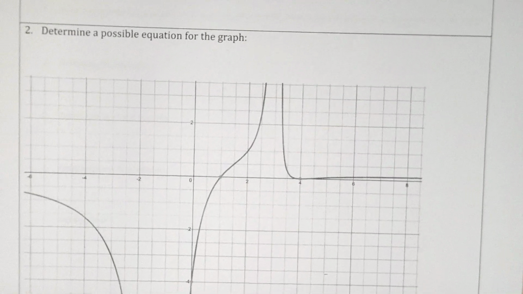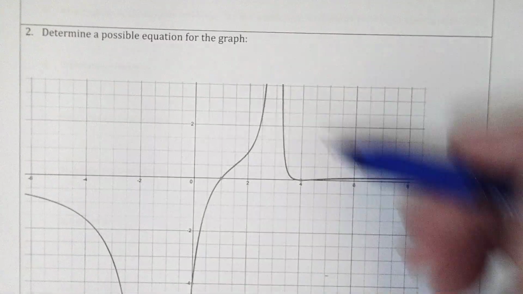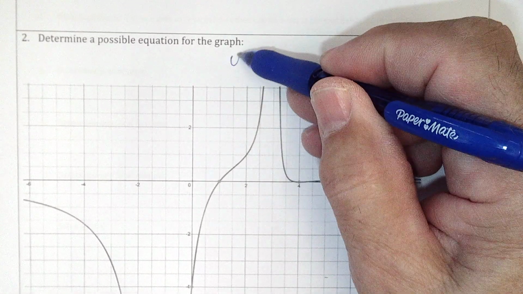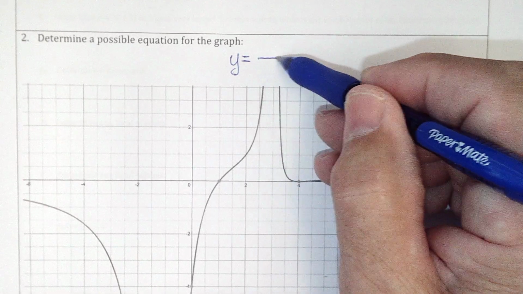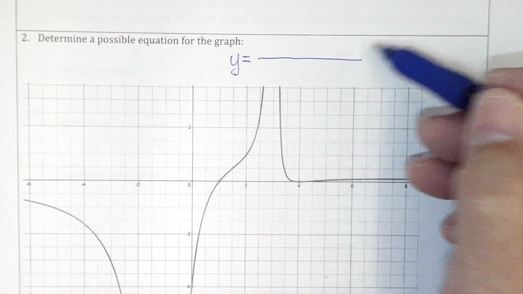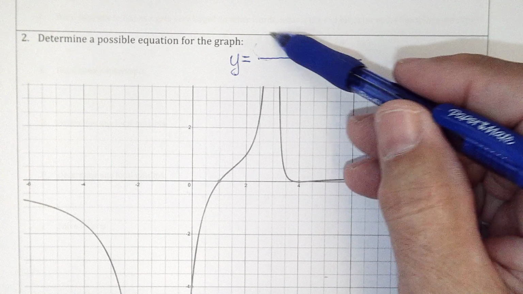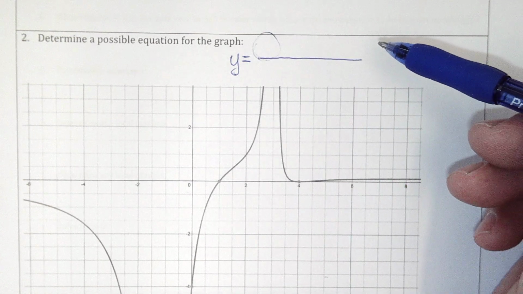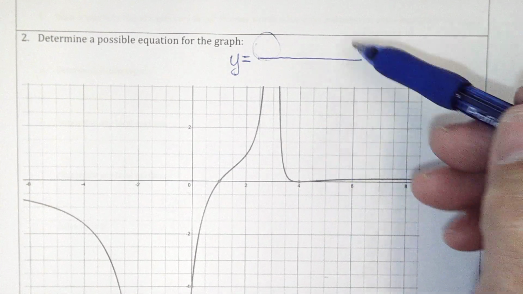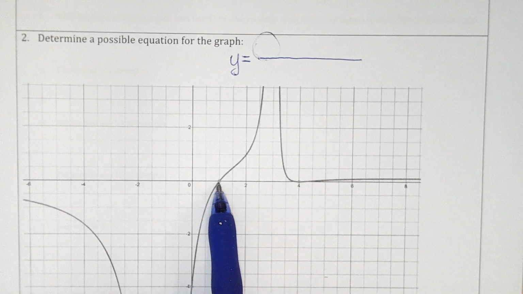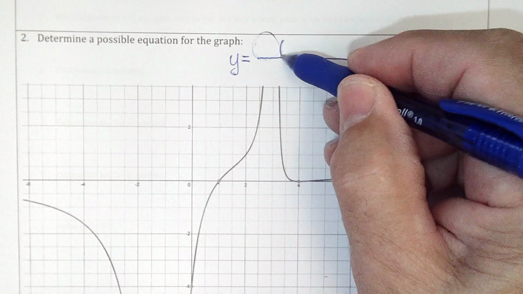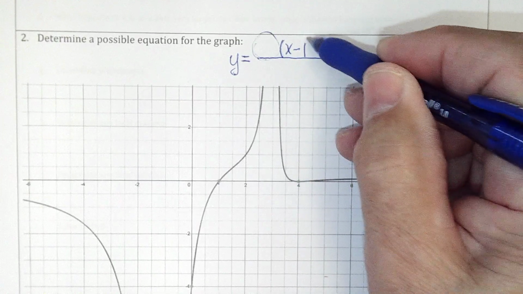Okay, down here, to find the numerator of the equation, this happens to be a rational function, there's going to be an a that I've got to figure out. But the numerator is based on the zeros and the x-intercepts, and there's one at 1. So that means there's x minus 1.